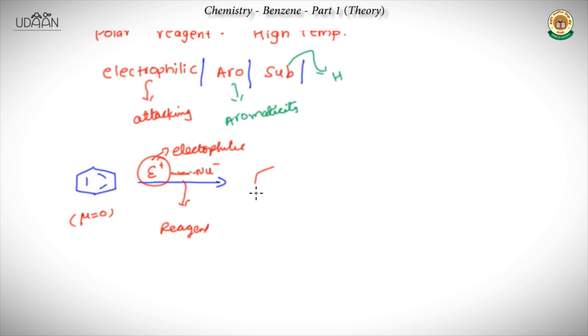That is, this benzene will have a dipole moment because of this electrophile, or this dipole as such. You have already learned this in the chapter on chemical bonding. Just recapitulate what you have learned. There is a benzene ring here, and as a result of it, you are going to get a complex.